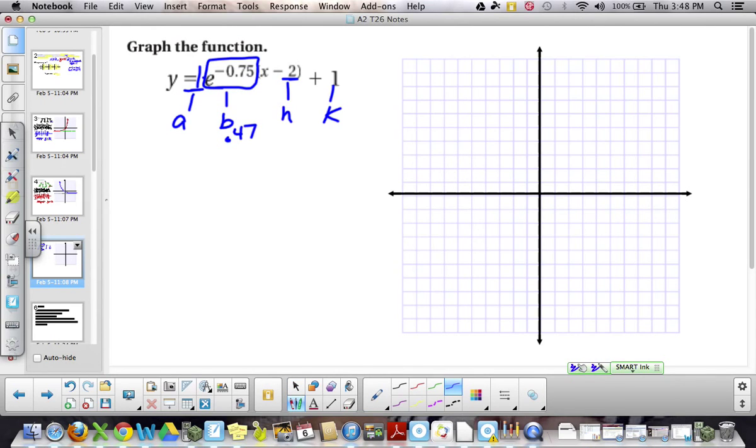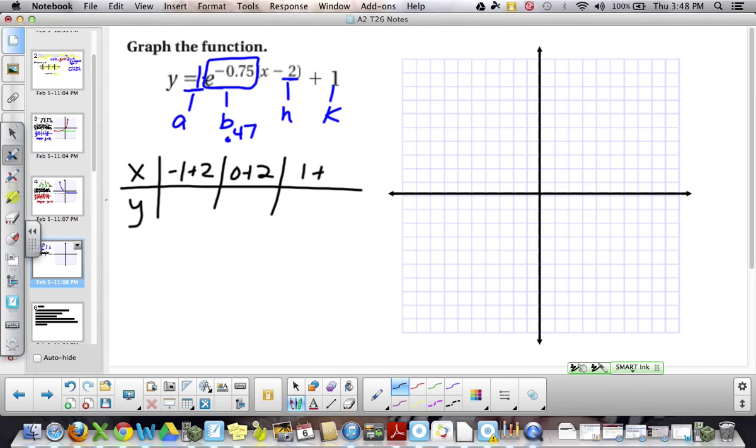So when we figure out our points that we're going to plot, we have x and y. Again, our normal x values are -1, 0, and 1. But we're going to add h to those, so add 2, so -1 plus 2, 0 plus 2, and 1 plus 2. And our y coordinates, a divided by b, so 1 divided by 0.47 plus k, so plus 1.